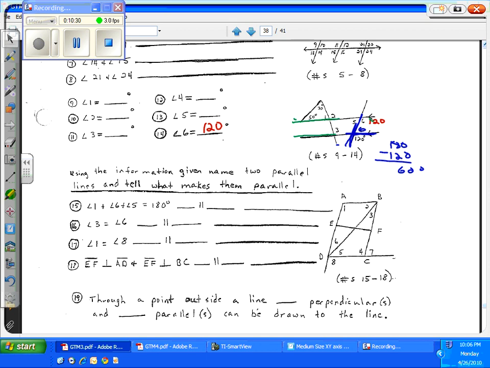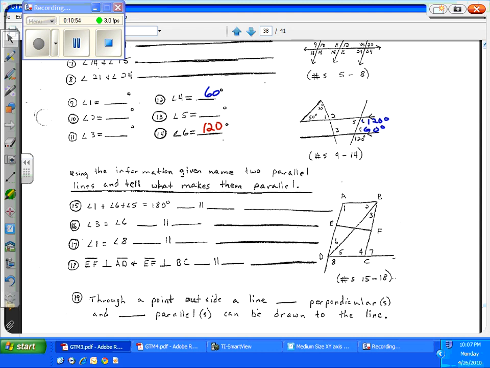So angle 4 would be 60 degrees. So we now know that angle 6 is 120 degrees and angle 4 is 60 degrees.